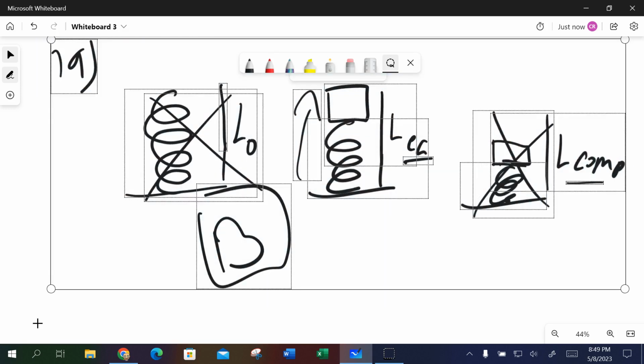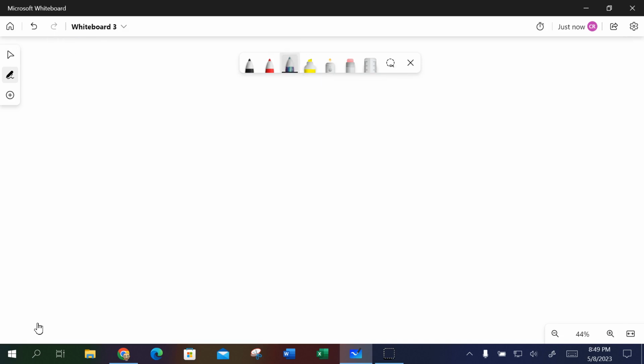Moving on to number 20. Number 20 asks us to find the change in kinetic energy for different forces. So, all we have to do here is find our velocity. And a really easy way to do this is we just use the final momentum.